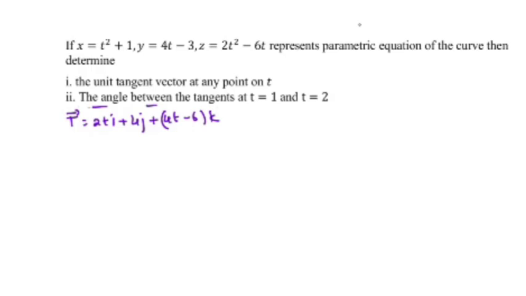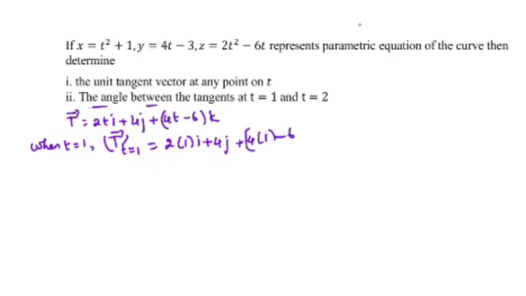Now we need to find it at t equals 1. So when t equals 1, what happens? We have to substitute the value of t in the tangent vector. What do we get? 2 into 1 i plus 4j plus (4 into 1 minus 6)k.